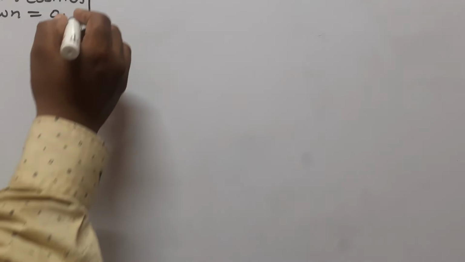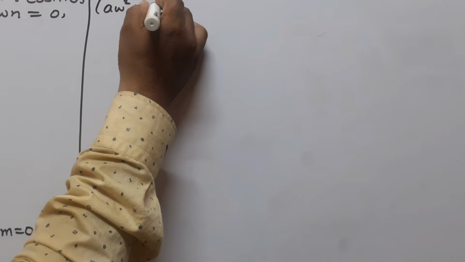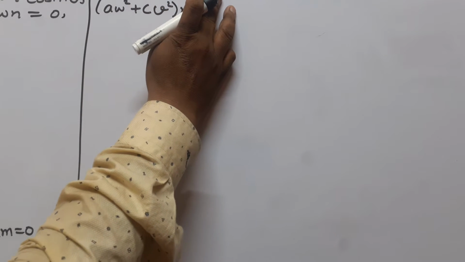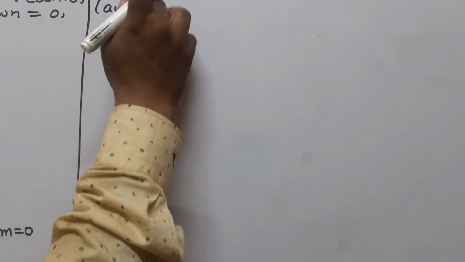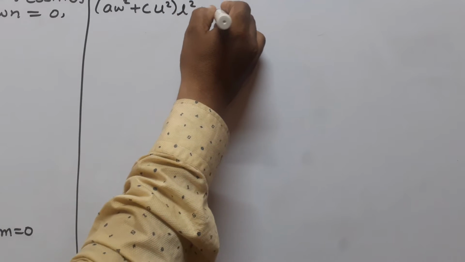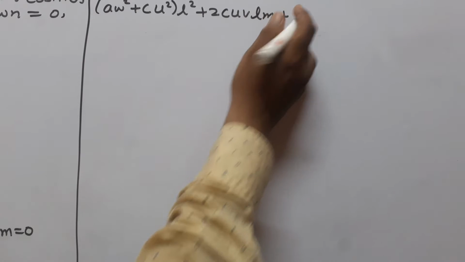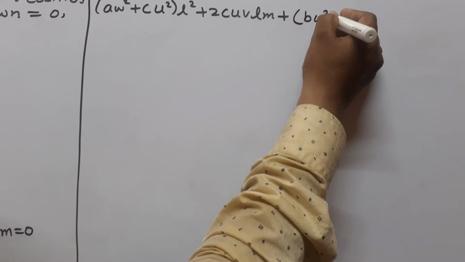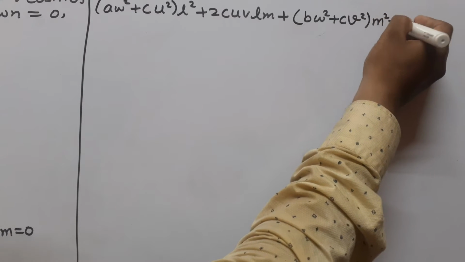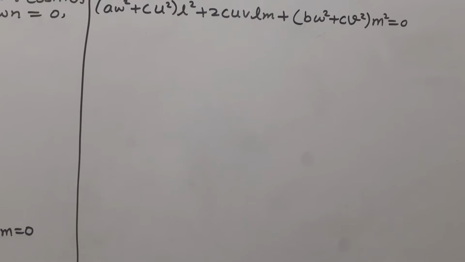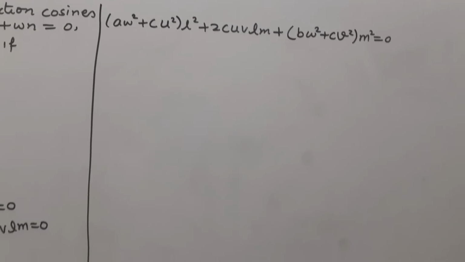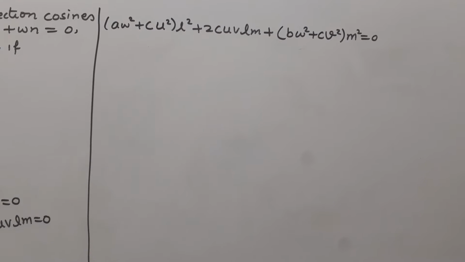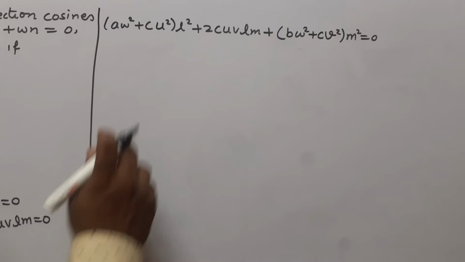Now we form this equation in quadratic. So we can write this equation as (aw² + cu²)l² + 2cuvlm + (bw² + cv²)m² equal to 0. Now we divide this whole equation by m².